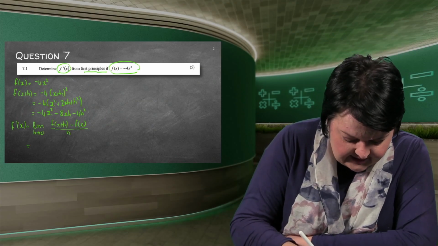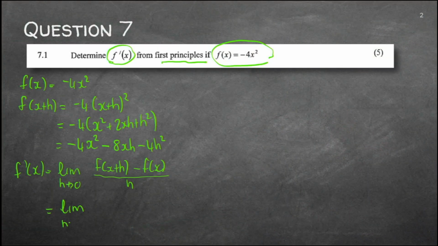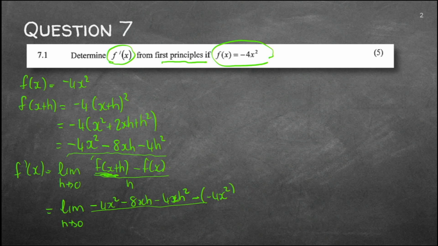Now we substitute in the limit as h nears 0 of, for f(x plus h), the equation we just got, negative 4x squared minus 8xh minus 4h squared. Now subtract f(x), so be careful with your signs. All of it over h.